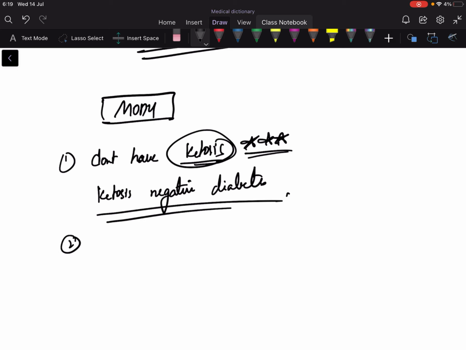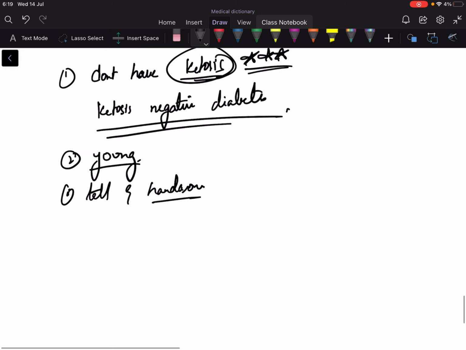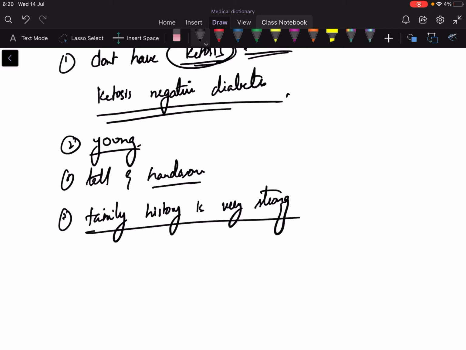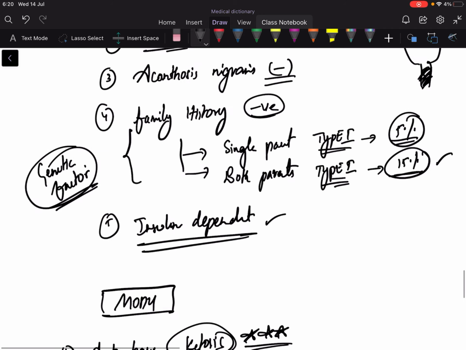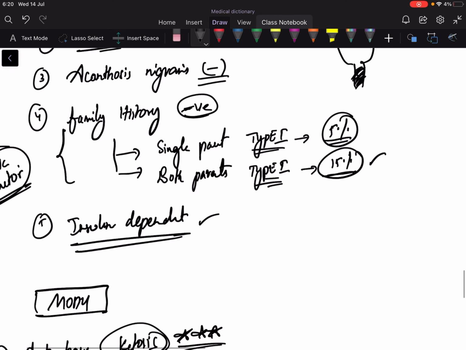These people are also young, and they are also tall and handsome. But here the main thing is the family history is very strong. As you can see here, in type 1 the family history is negative most of the time.